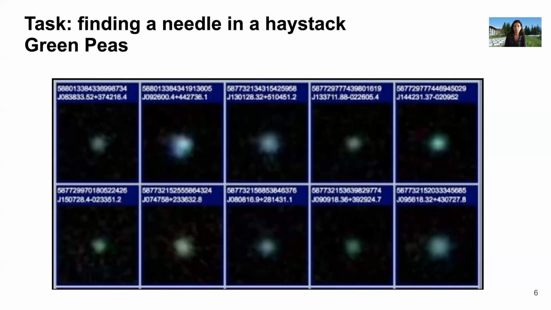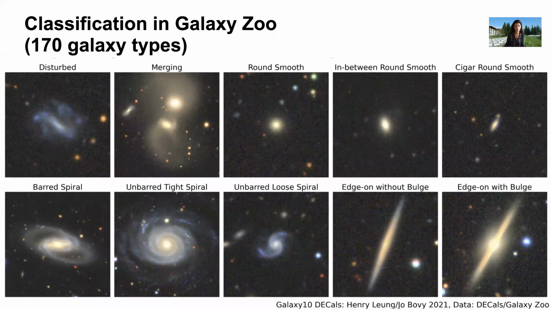But in general, in exploratory data analysis, tasks vary from finding a very specific set of items. That's the case here of green pea galaxies, which is a very small number, just a couple hundred galaxies that have this shape, looks like green peas, and that have actually been found purely by accident. In fact, SDSS relies on Galaxy Zoo for a classification of galaxies into different types.